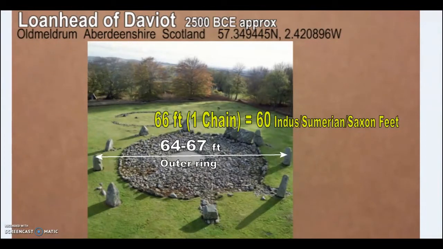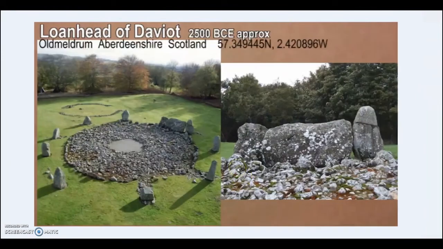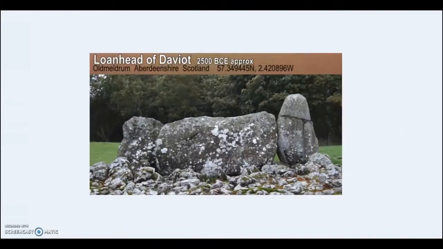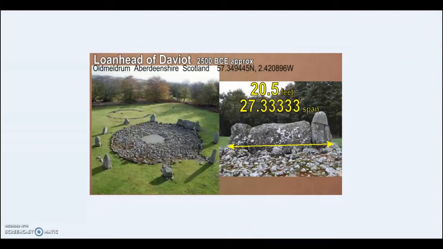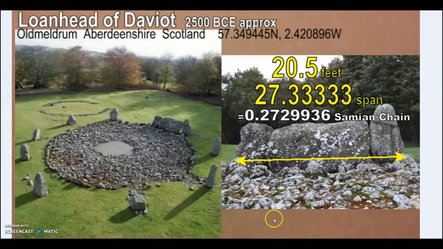Okay, so perhaps an interesting point, but if you move on, again, we have the inner circle, the outer circle, and these stones being unique in that they have this horizontal and two vertical stones on either side. And also they have a standard width of 20.5 feet, which is 27.33 span.